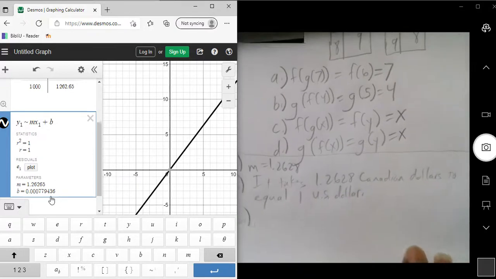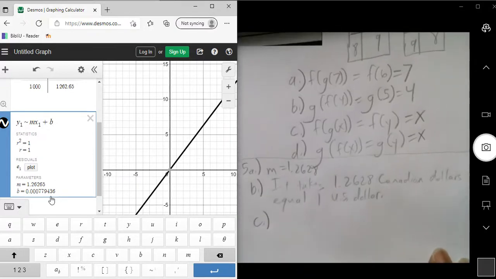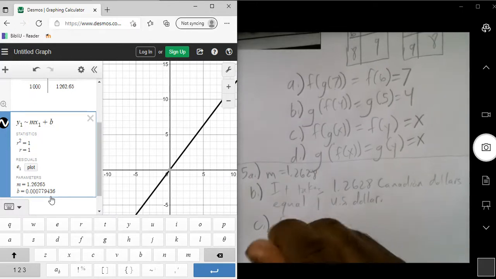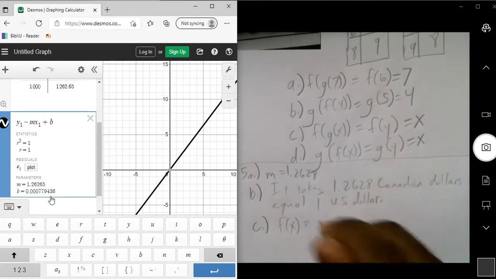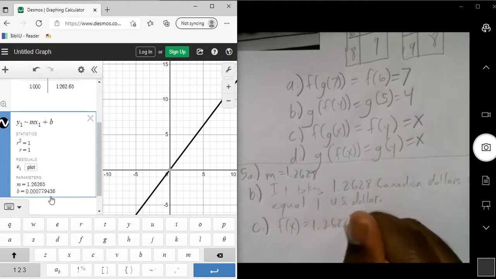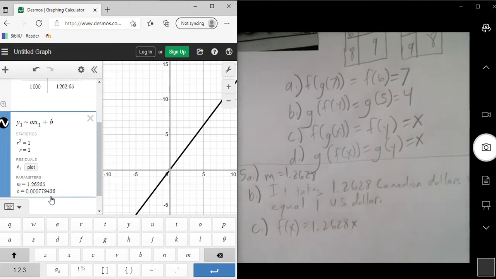C says use x to represent the input amount in US dollars to write the linear equation of the function f. So we have f of x is equal to 1.2628x, because we do not have a y-intercept. When x is 0, if we have 0 US dollars, it's going to be 0 Canadian dollars.